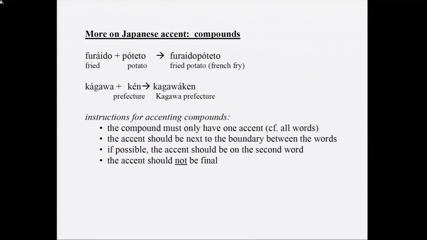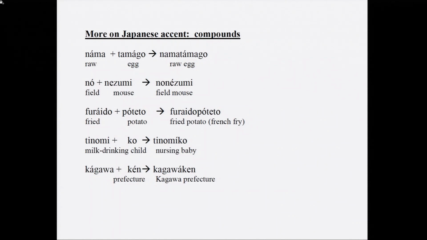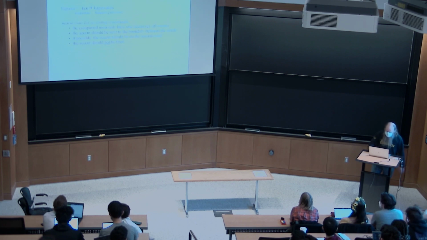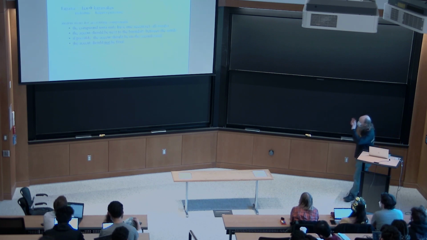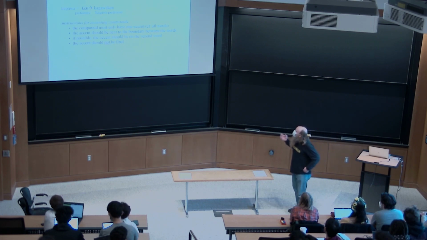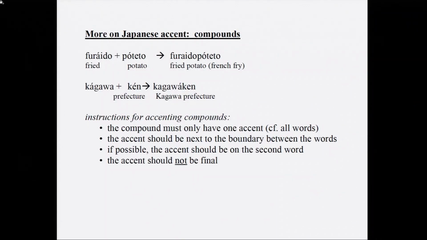If we go back to the preceding slide, you can see that in raw egg, it's at the beginning of egg. And you can see it in field mouse, at the beginning of mouse. And you're also getting it in French fry. But there's this coherent class of exceptions. If the second half of the compound is only one syllable long, then you don't put accent on the second half. You put it at the end of the first half.